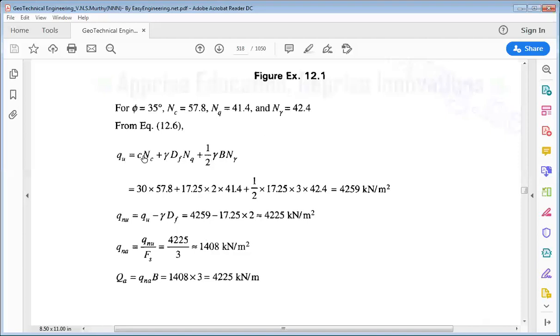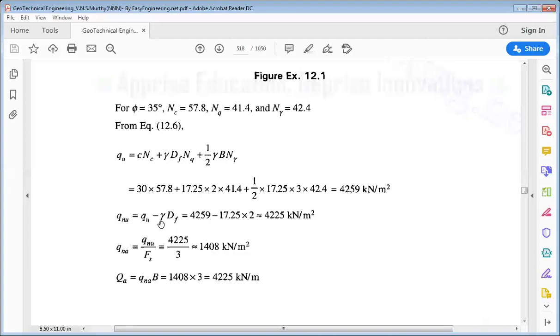So here C is given, that is 30 into Nc, 57.8, plus gamma, 17.25 into 2, that is the depth of the foundation, into Nq, 41.4, plus half gamma, that is 17.25 into width 3 into N gamma, 42.4. So by calculating all this, we will get the value of qu equal to 4259 kilonewton per meter square. Now it is the first part A.